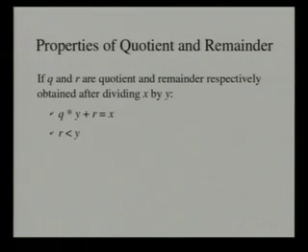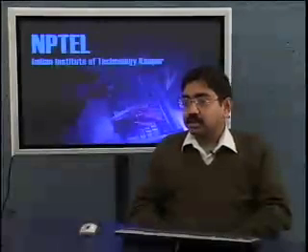We keep subtracting y from x repeatedly till we end up with a number which is smaller than y, and once we do that, the final number that we are left with is nothing but the remainder r that we are looking for. And what is the quotient? The quotient is the number of times that we have subtracted y from x.